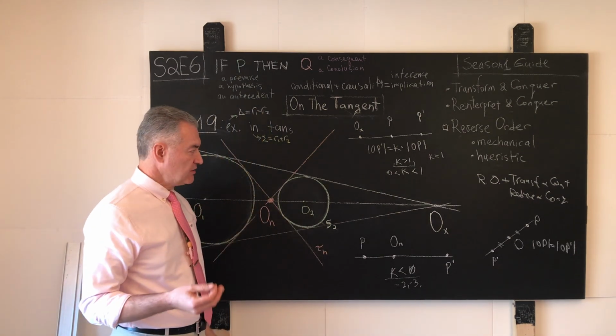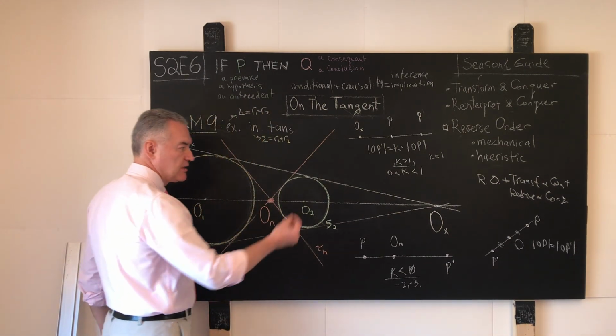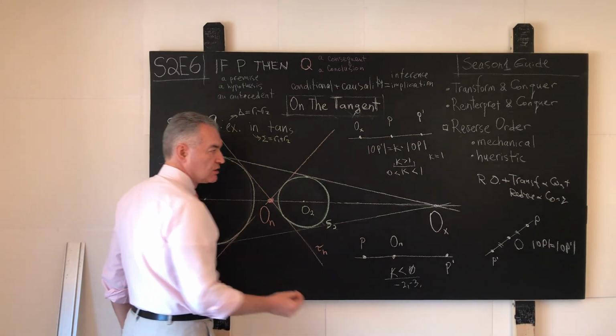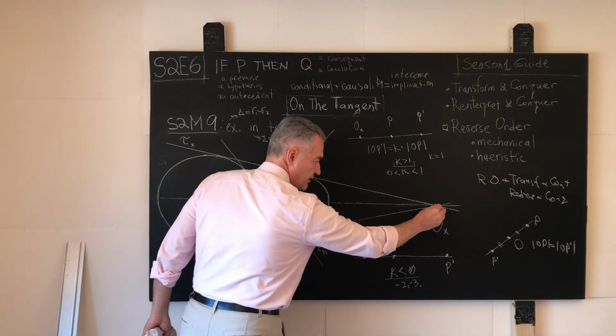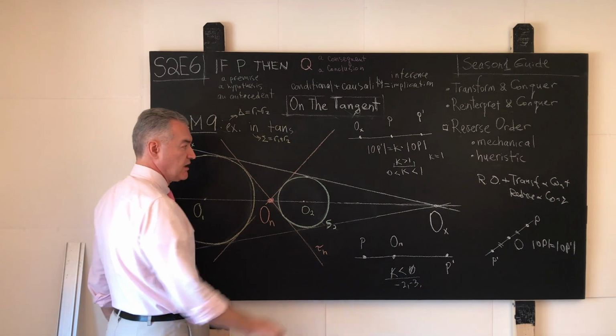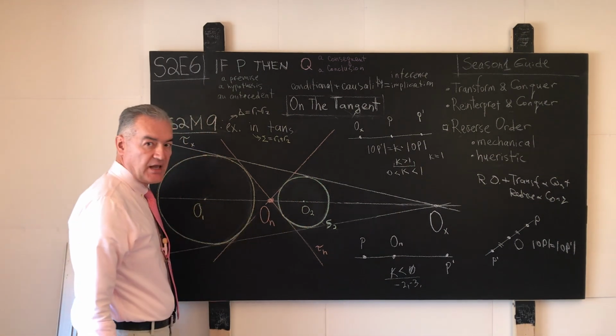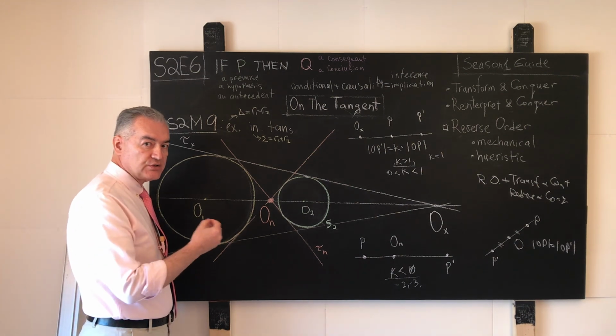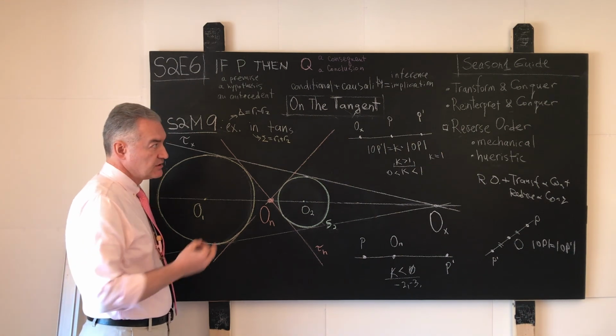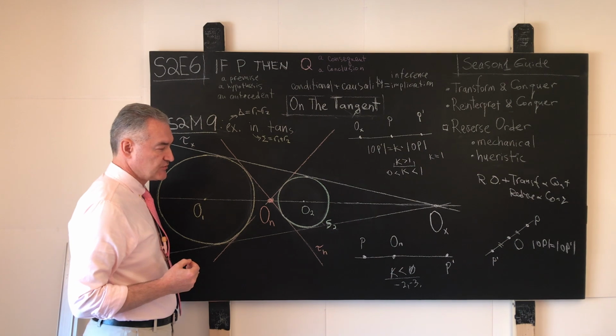That means that, let's say, we manage to somehow locate the external center of homothety, and we work with, for example, the smallest circle S2. What can we say in this case in respect to this transformation?